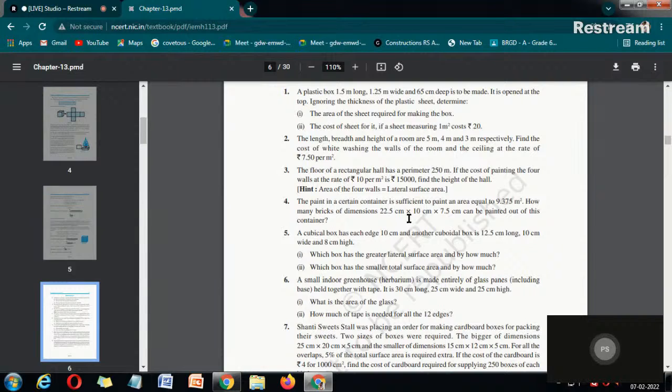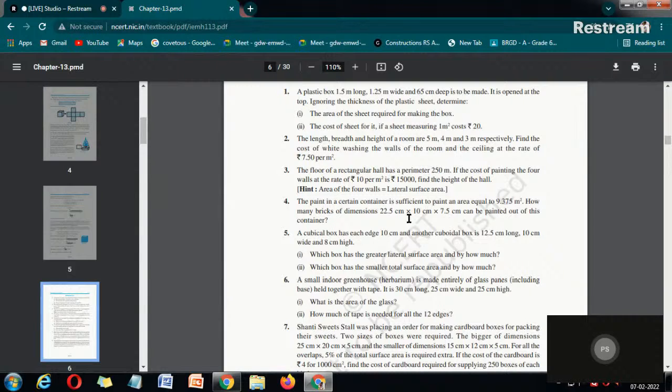As we know, here they have given 1 meter square equals 1500. Then 250 into H equals how much? 250 into 1500 into, okay, fine, I got it.